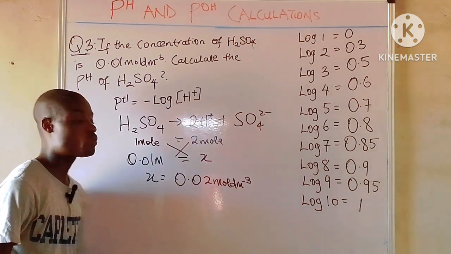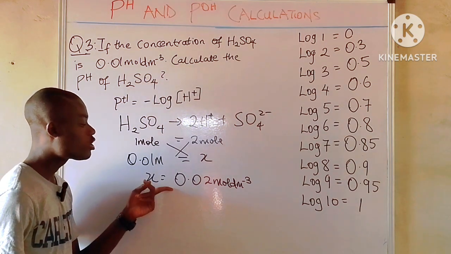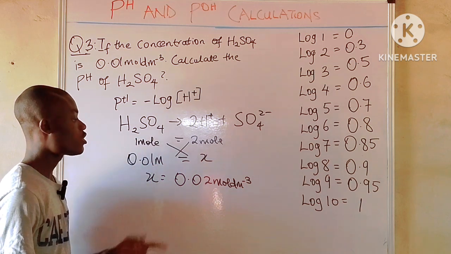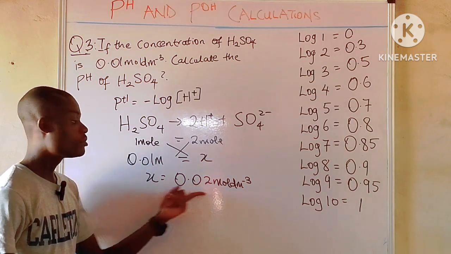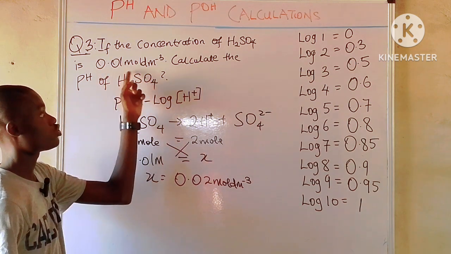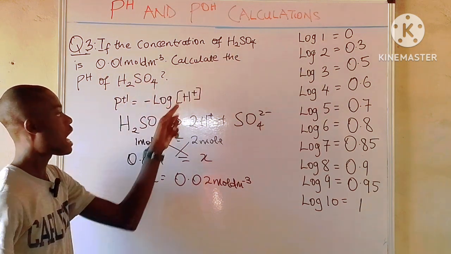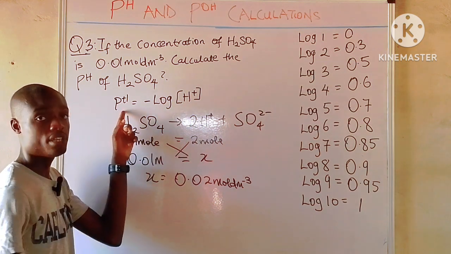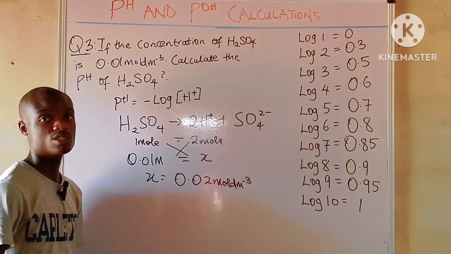So in this question, we have been able to calculate the concentration of hydrogen ion present in the acid. So we are going to use 0.02 to solve, because this is the concentration of hydrogen, but we cannot use 0.01 to solve because this is the concentration of the acid, and we need the concentration of the hydrogen ion to solve for our pH in this particular question.